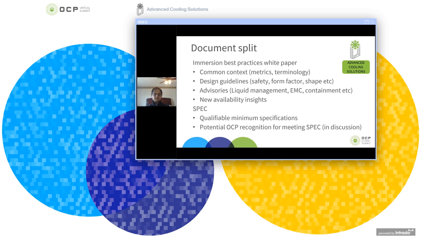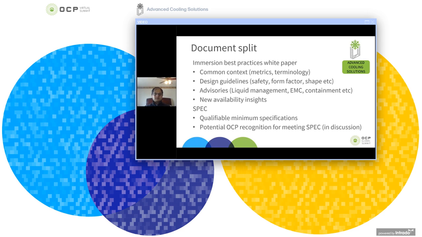Whereas we're separating the actual requirements that we're using to qualify immersion technologies into the OCP domain. We're going to bring that into a separate spec document, which we'll try and get through the incubation committee as well.